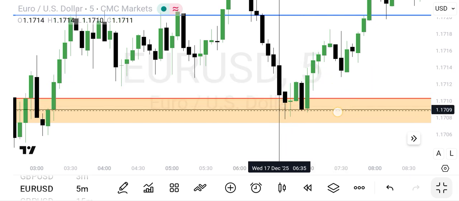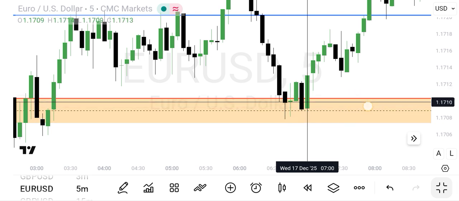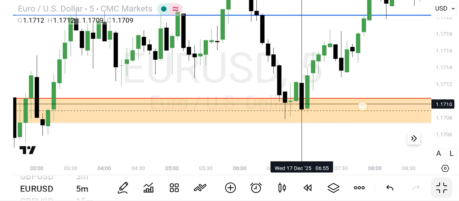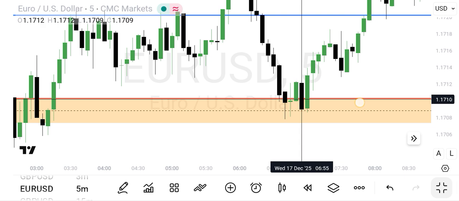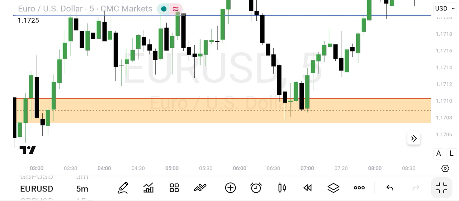Then notice here, the bodies of the candles stayed above the upper quadrant of the fair value gap that was formed. That's one sign that you are on the right side of the market.